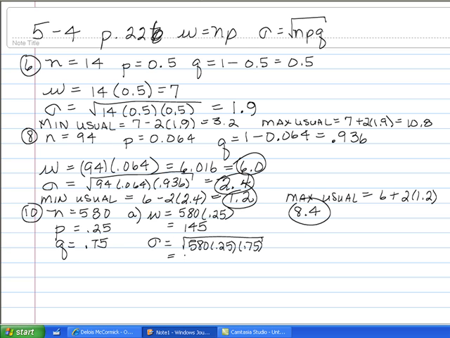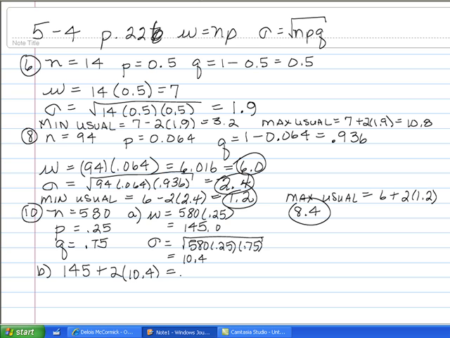Okay, so part B. The actual results consisted of 152 yellow peas. Is that result unusually high? What does this result suggest about Mendel's theory? So, was it unusually high? We want to take our mean plus 2 times the standard deviation to see what the usual maximum would be.